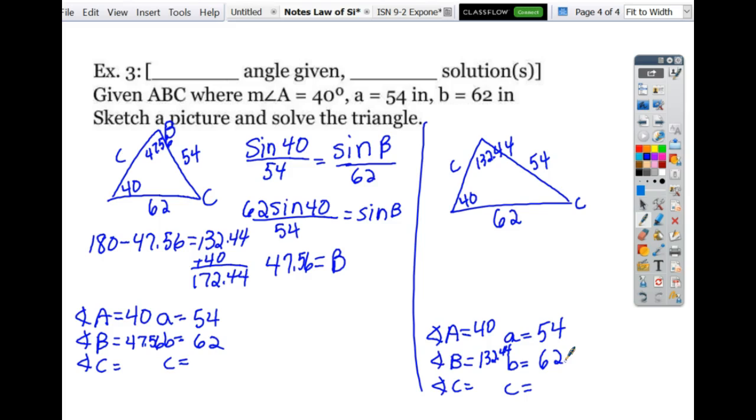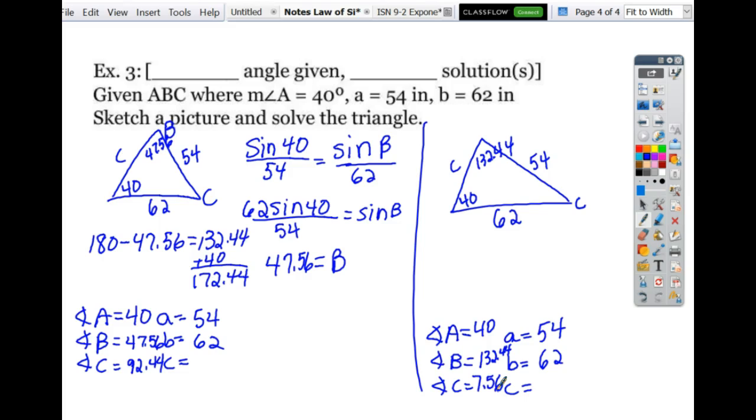So how do I find angle C? We don't even have to do the sine to find angle C. We're just subtracting. We take 180 minus 40 minus 47.56. Is it 92.44? And then this one is 7.56. What's the last thing to find in both of these?